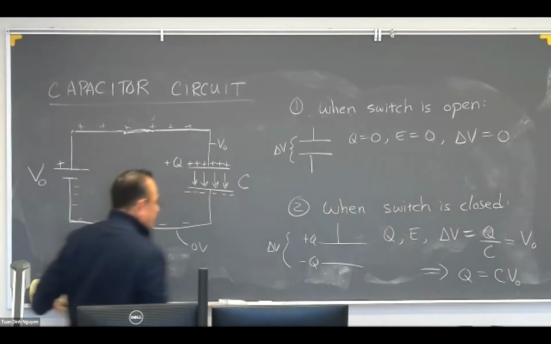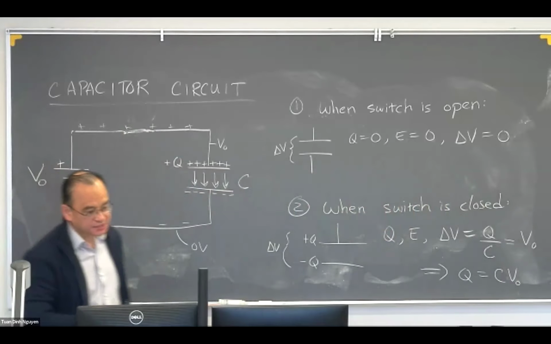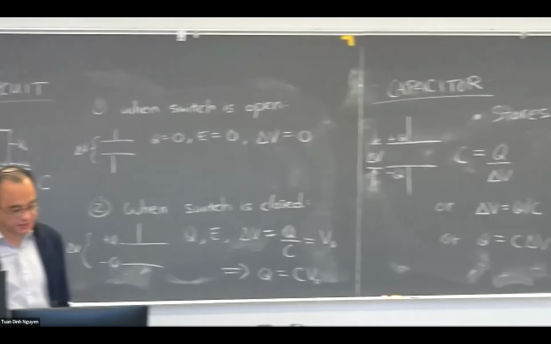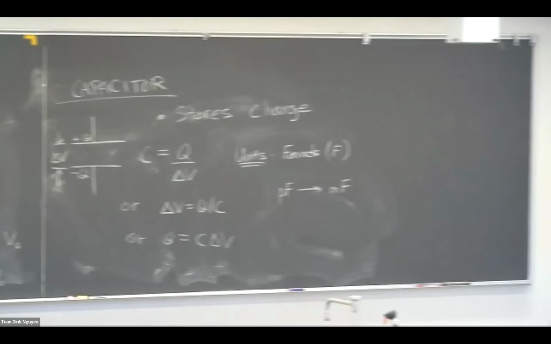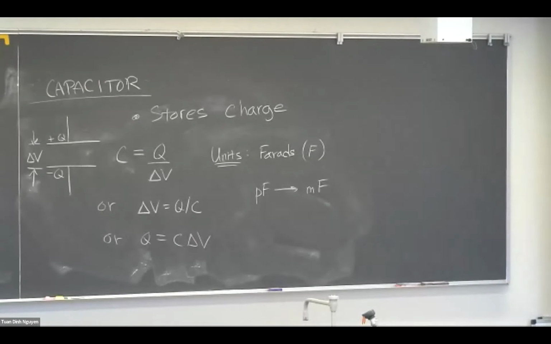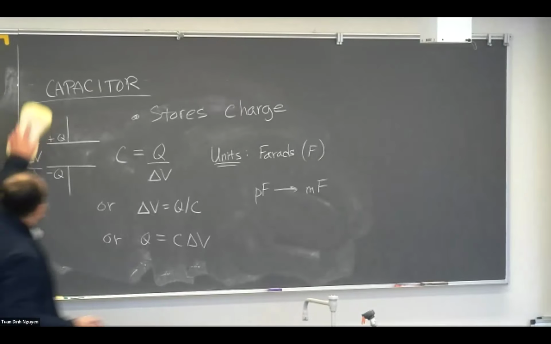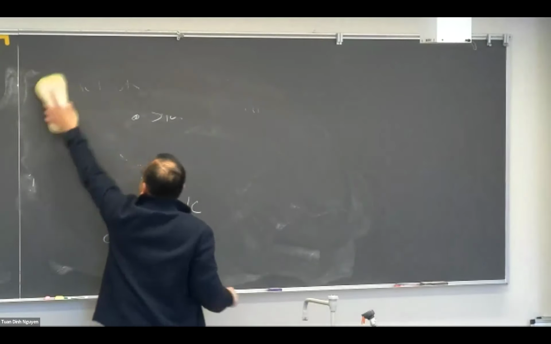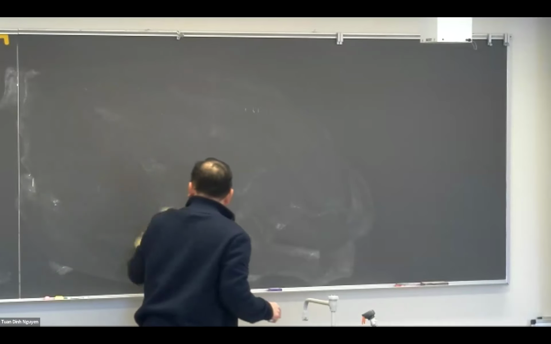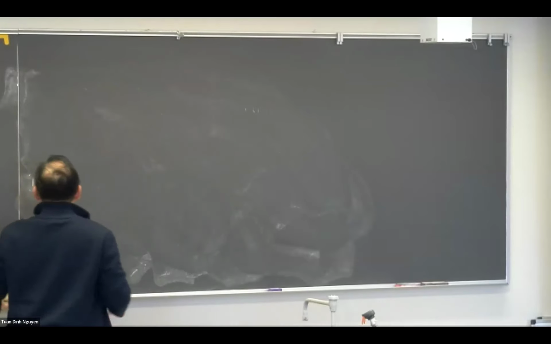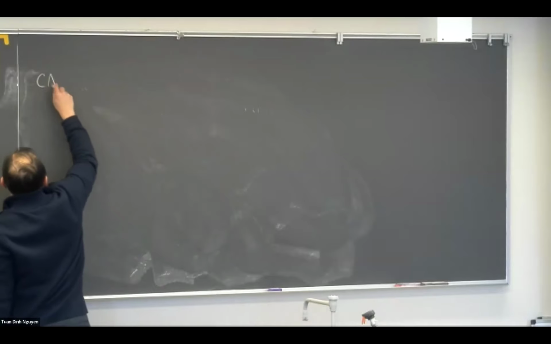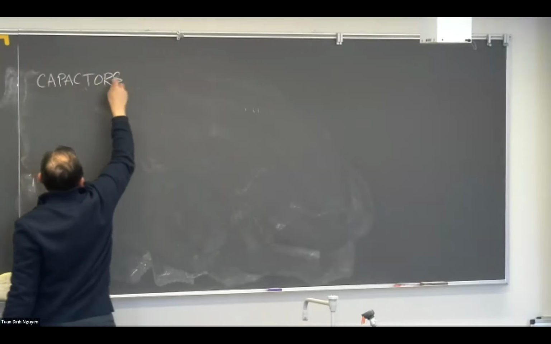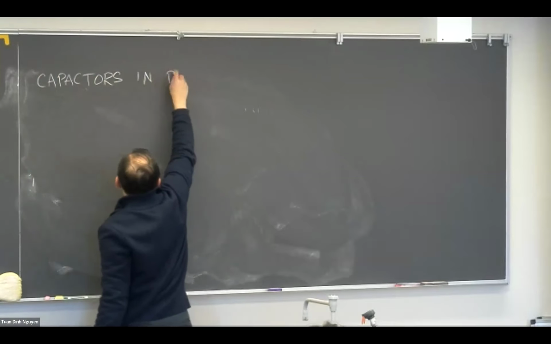Okay. So that's one capacitor, one battery. What happens if we put two capacitors together? There are actually two ways of putting two capacitors together. The first is capacitors in parallel.